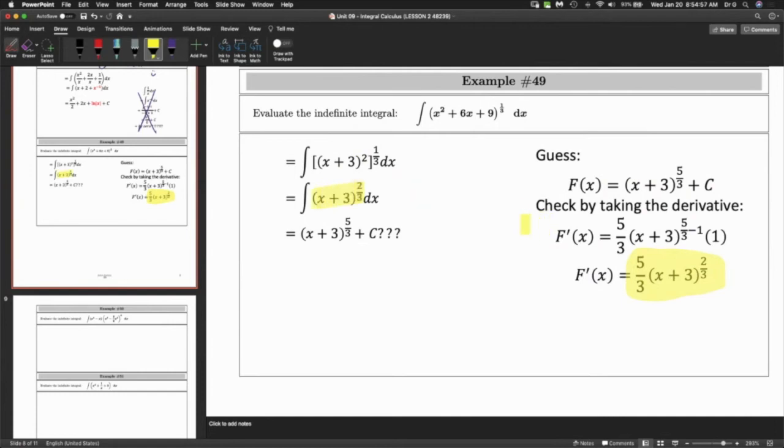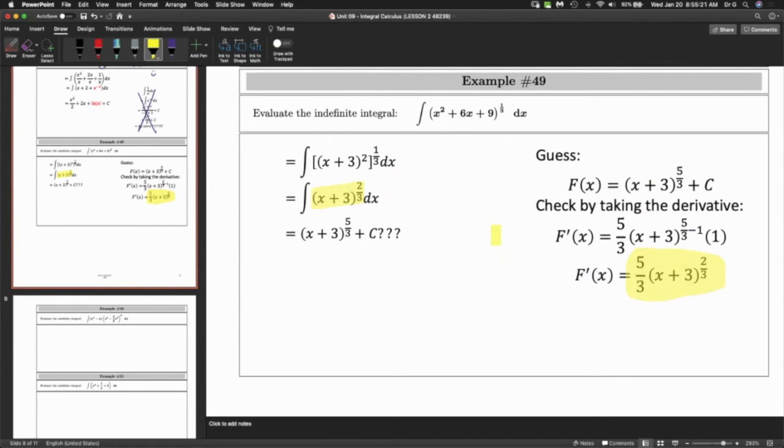So my question to you is, are those the same? Let me know in the chat. Are those the same? No. Okay, Sean, are they close? Yes. What's the issue? Yeah, the 5/3. Thank you.